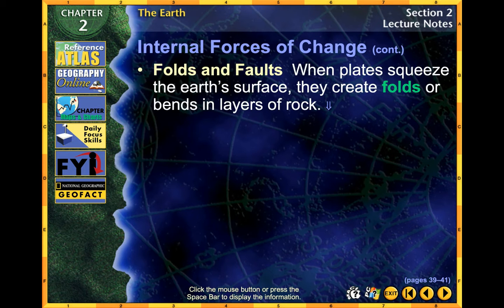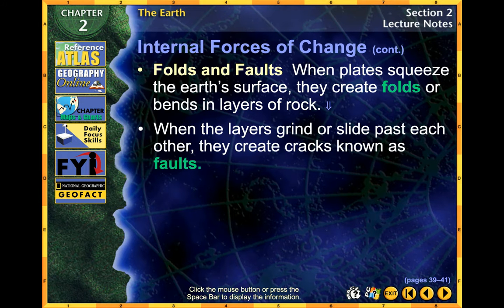Now, when the plates squeeze the Earth's surface, they also create folds or bends in the layers of rock. And when they slide past each other, these are known as faults. So, folds will look kind of like waves in the rock. Not like breaks, it just looks like waves. Whereas a fault looks like a break.